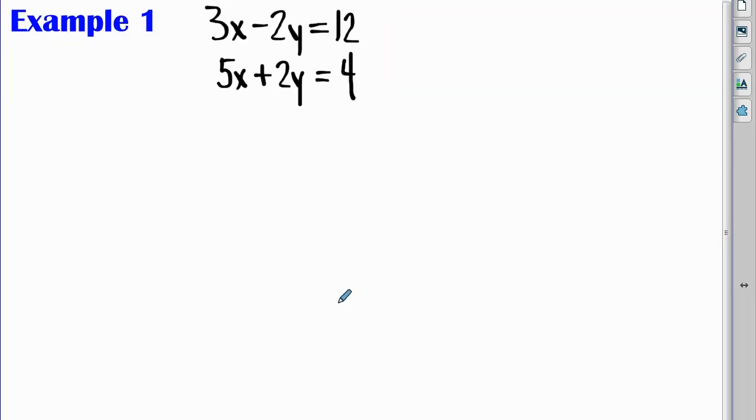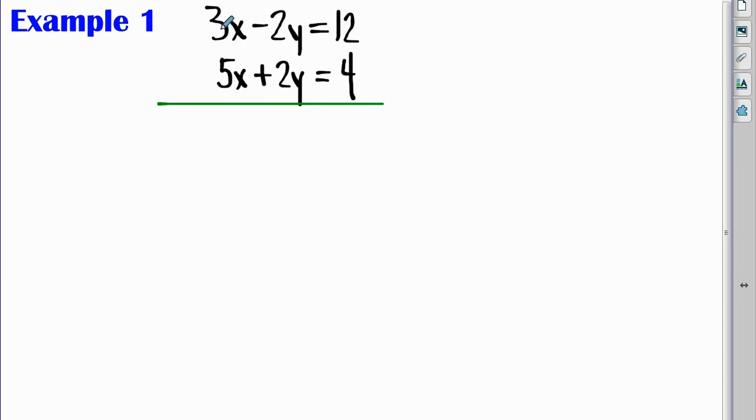Here's an example of a system of equations, and I'm going to decide if I want to add them or subtract them. The goal here is if I do one of those things, one of the variables will cancel or eliminate, hence the name of our method, elimination.